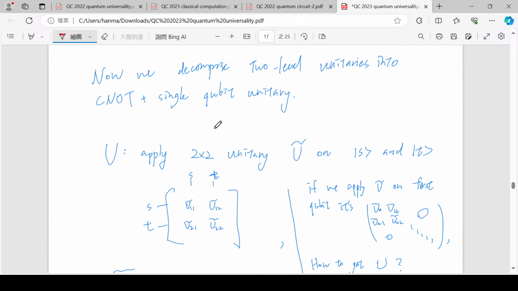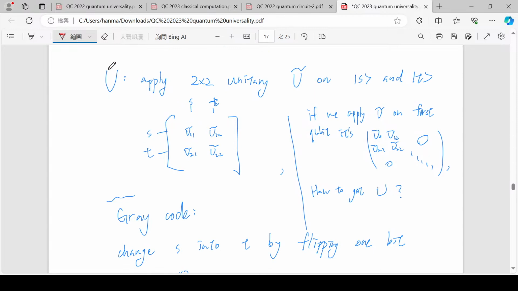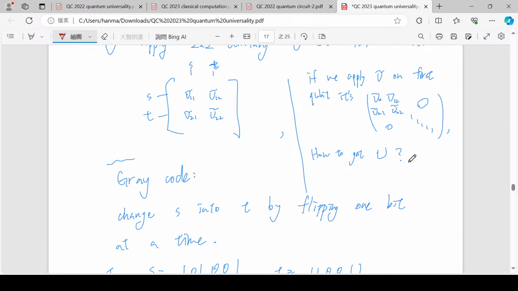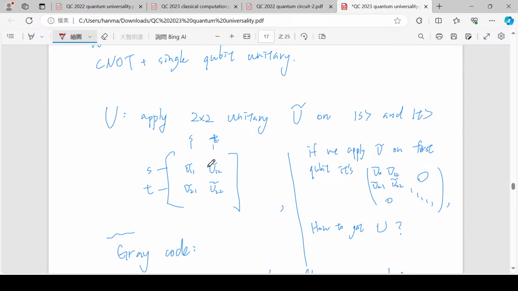So remember our arbitrary 2-level unitary is this. It is U, and it acts on levels s and t, and on s and t it is the unitary U tilde. Basically we think about U tilde as a 2 by 2 unitary, so it's kind of like a single qubit unitary, since a single qubit unitary is 2 by 2.